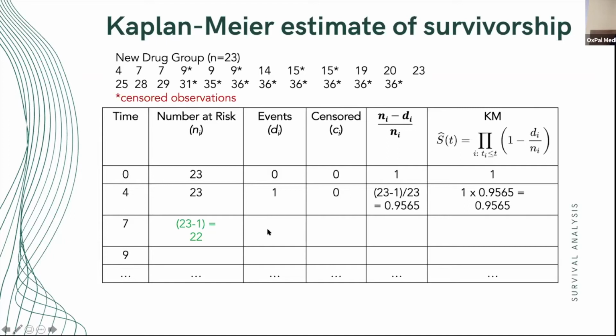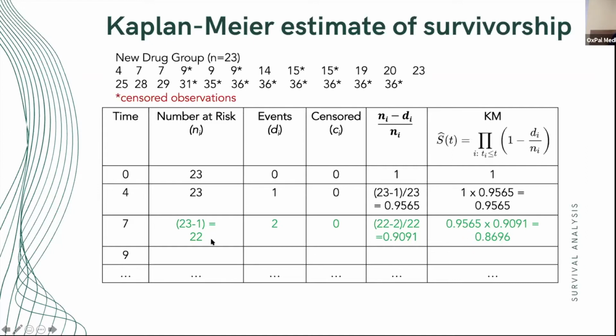There were two events, so two number 7s here. And no participant was censored. Then you can compute this: 22 minus 2 over 22, so 20 over 22, which gives us 0.9091. And then we multiply 0.9091 with 0.9565.